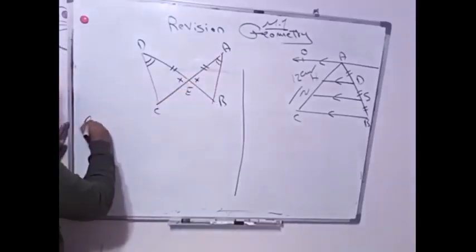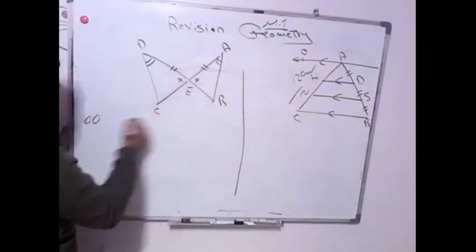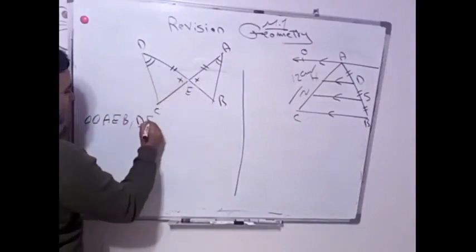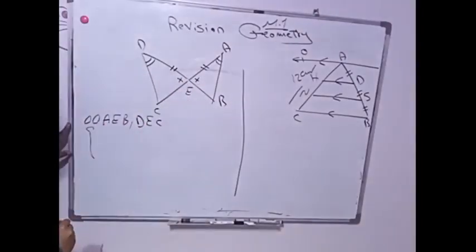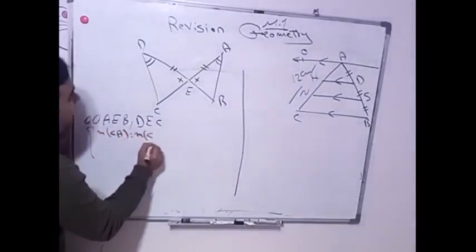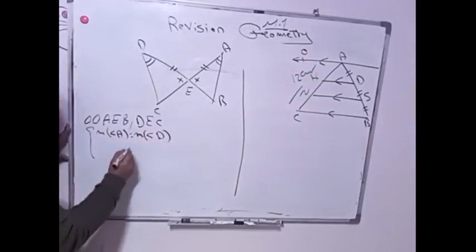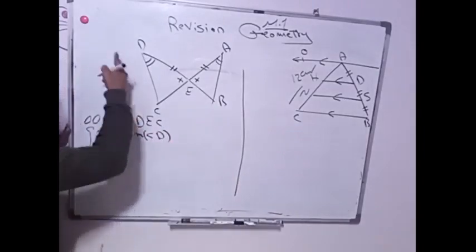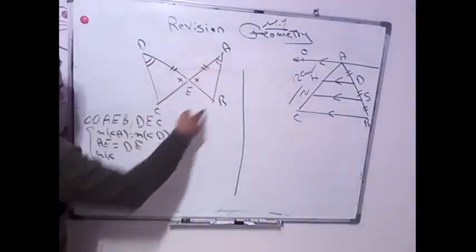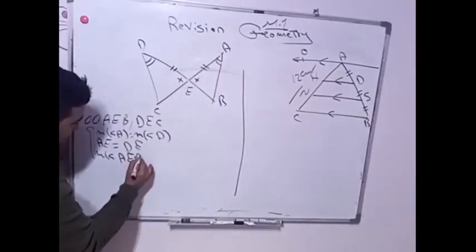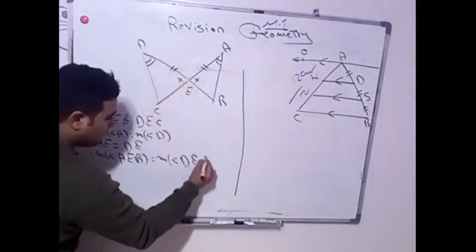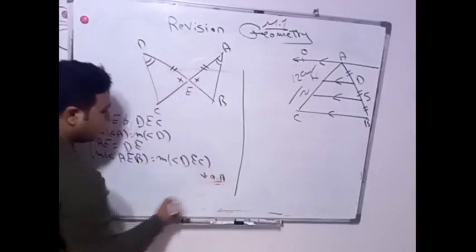So we have here two triangles, AEB and DEC. We have three conditions: measure angle A equal measure angle D, AE equal DE, and measure angle AEB equal measure angle DEC, VOA, vertical opposite angles.